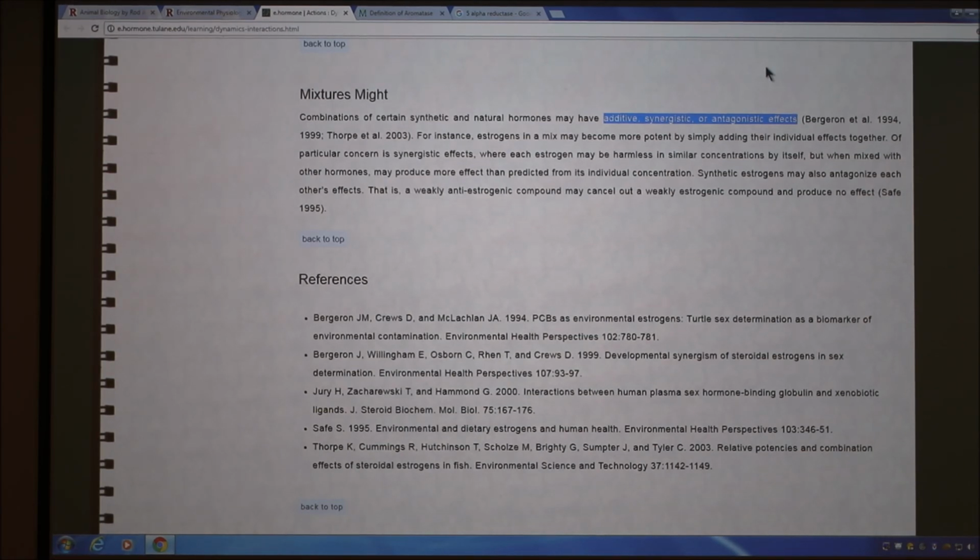What would you write down? 1 plus 1 is greater than 2. That's a synergistic relationship with hormones. And then if hormones are antagonistic in their effects on an animal, you would write 1 plus 1 is less than 2. Okay? And that's additive, synergistic, and antagonistic.